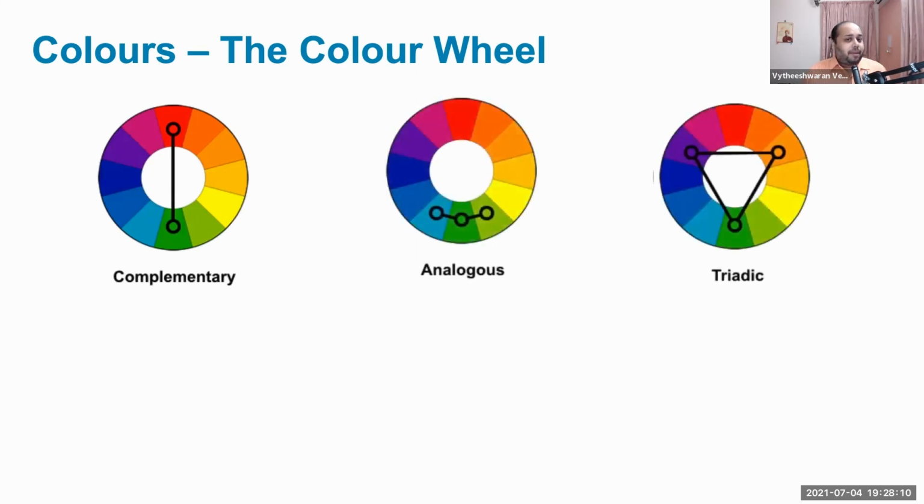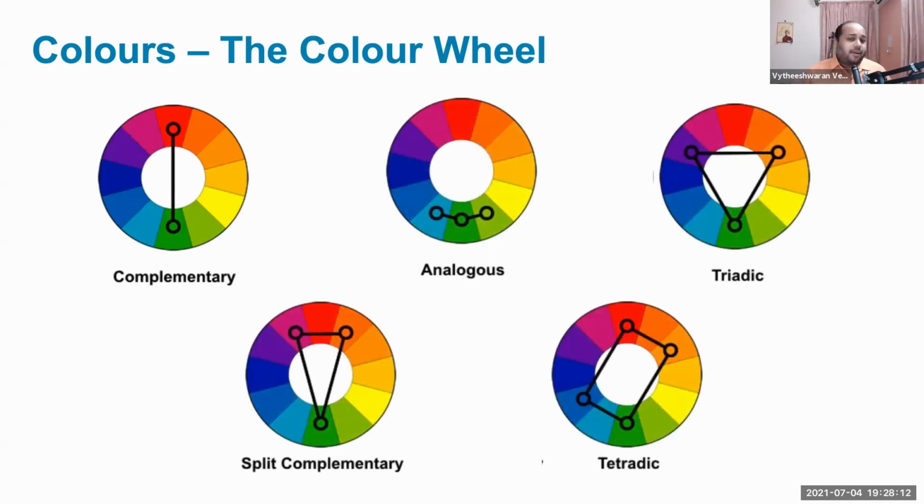This is called a color wheel. This is basically the spectrum that you have, and this wheel will really help you choose colors that can be used to form your palette. There are different options that you can use. You can use a 2-color format, a 3-color format, or a 4-color format.